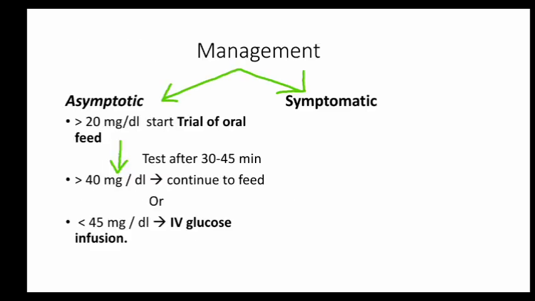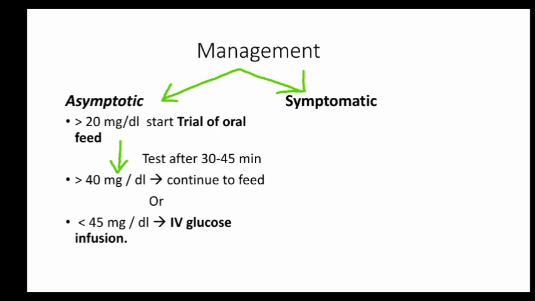How are we going to manage hypoglycemic children? First, it is asymptomatic and symptomatic. If it is asymptomatic, first we check the blood sugar level. If it is less than 20 milligram per deciliter, we have to start a trial of oral feeds.